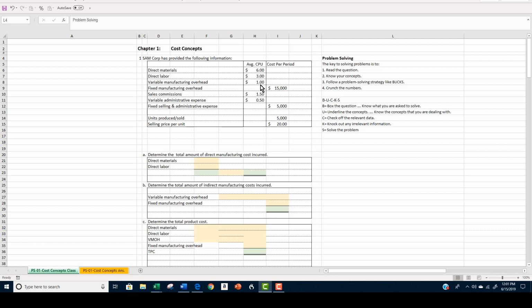The fixed manufacturing overhead is the cost for the entire period. Direct material, direct labor, variable manufacturing overhead, and fixed manufacturing overhead are all product costs, which means that they will be carried on the company's books as inventory until the finished product is sold.